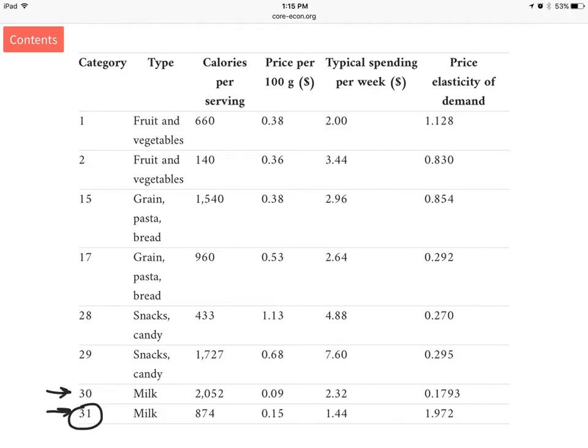First on this category 31, where the price elasticity of demand is very, very high. Quantity demanded is very responsive to changes in price. Category 30 we'll do after that, and that category is high-calorie milk products, and demand is very, very unresponsive to changes in price. Estimated elasticity of demand of 0.17, the lowest of the elasticity estimates reported in the table. All right, well, let's get to our calculations here.